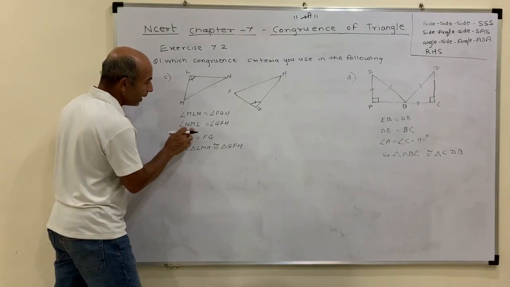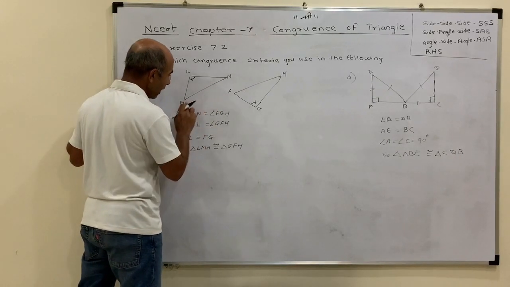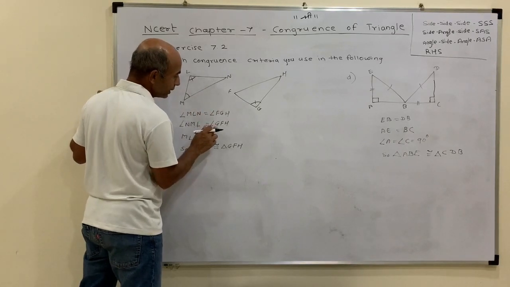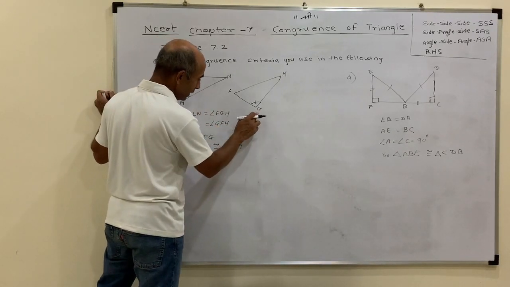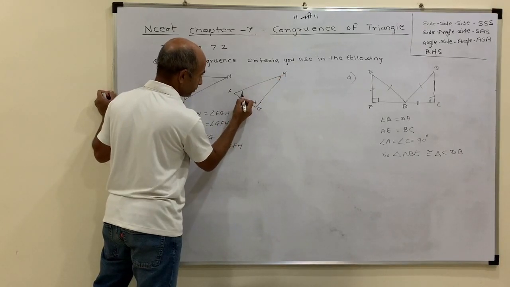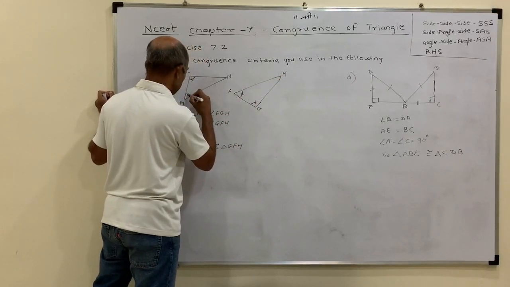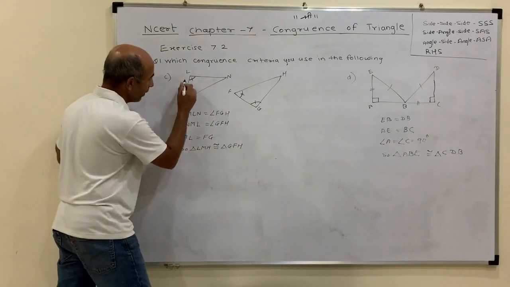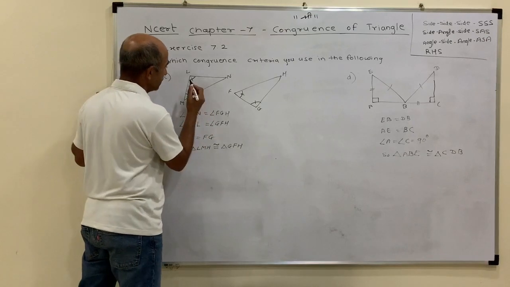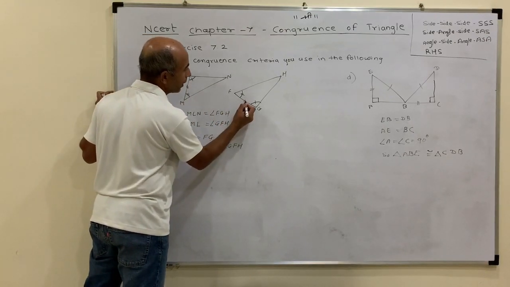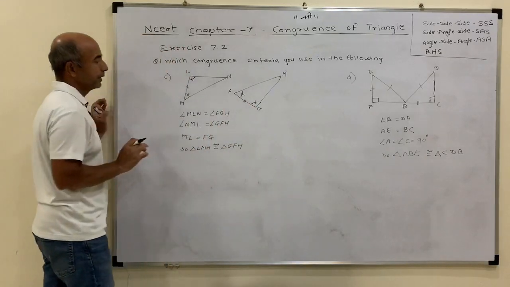Angle NML is equal to angle GFH. And ML is equal to FG.